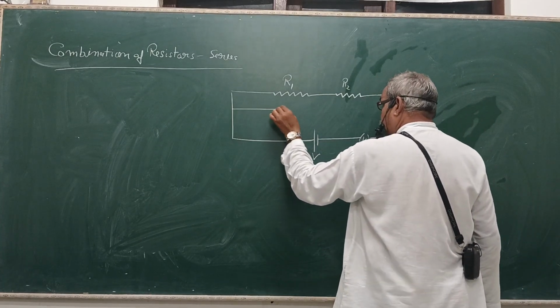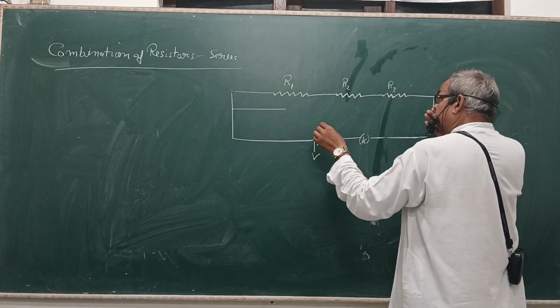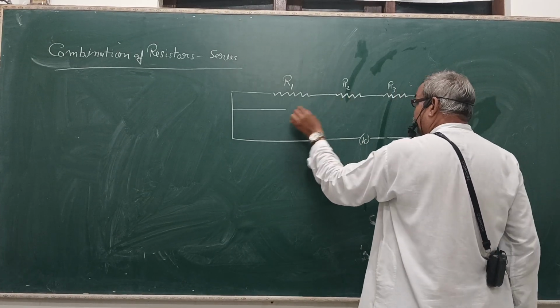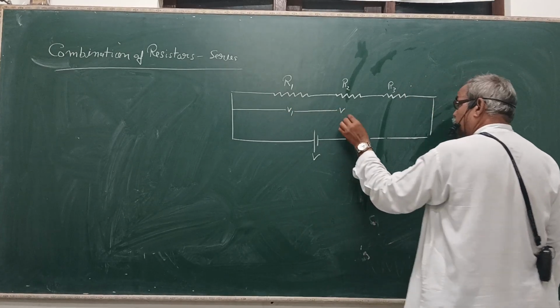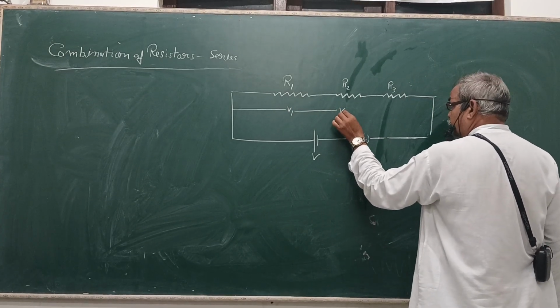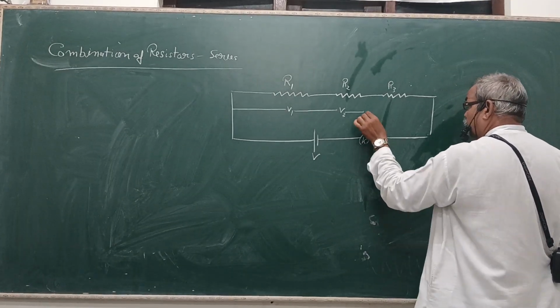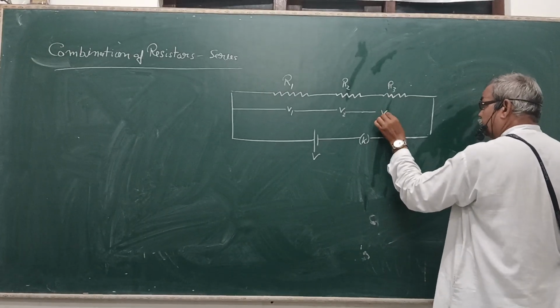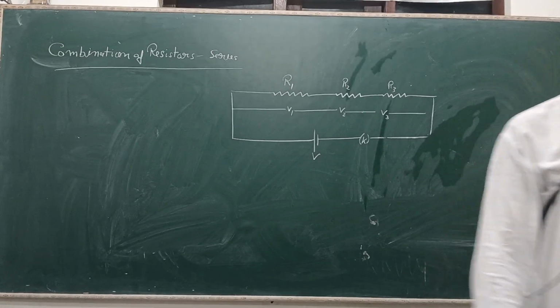The first resistance's end part is connected to the second resistance's first part. Both are in combination, and the second resistance's end part is connected to the third resistance's end part.